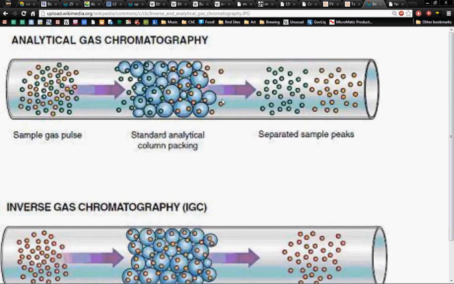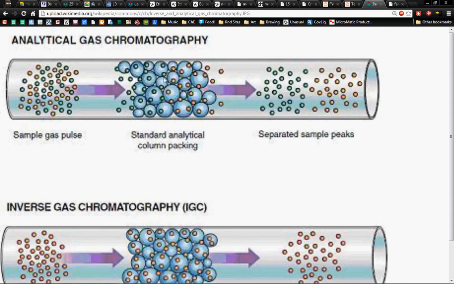The gas chromatograph is very basic and simple, but it's extremely useful because it allows you to take a liquid substance, and when you inject it into your gas chromatograph, that liquid substance will then be heated into a gas form, hence the gas chromatograph, and it'll travel along this column of packing.